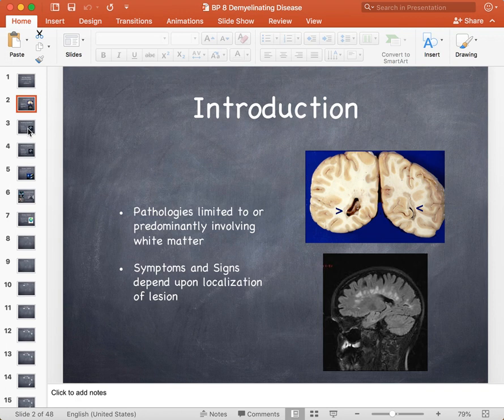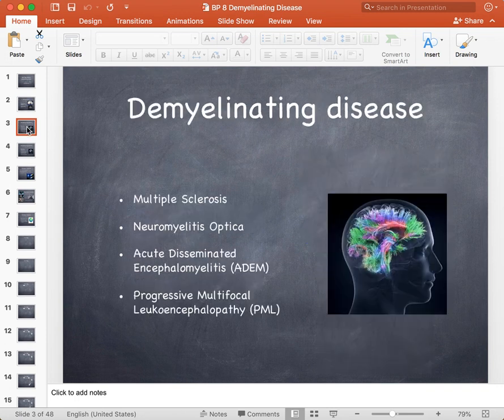Okay, so the signs and symptoms of demyelinating disease can affect almost anything in the CNS. Unlike other pathophysiologies where the localization often tells you what the underlying process and etiology is, demyelinating disease can really be all over.